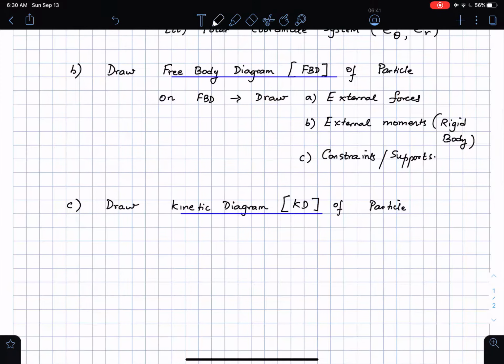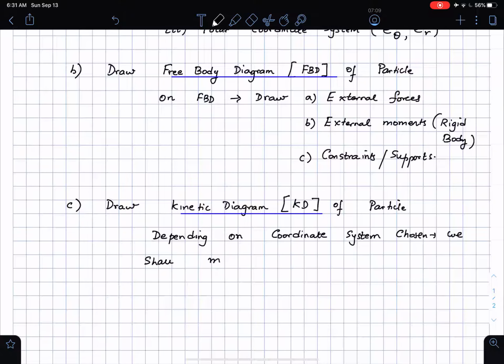Depending on the coordinate system that you have chosen, you mark the mass times acceleration quantity on the kinetic diagram.